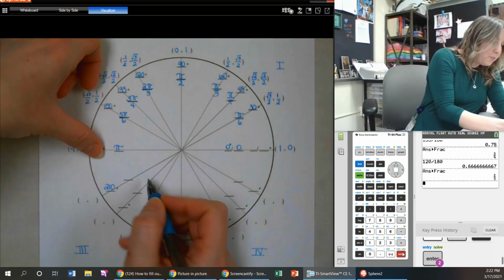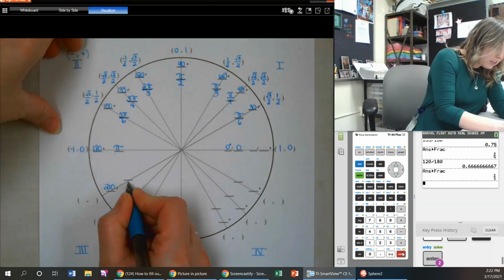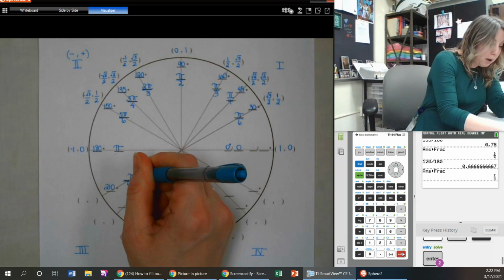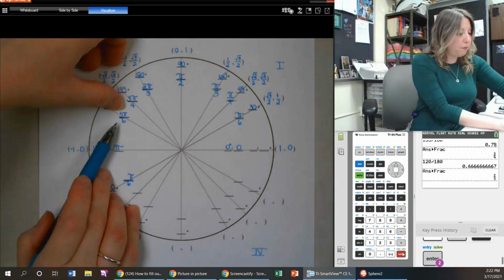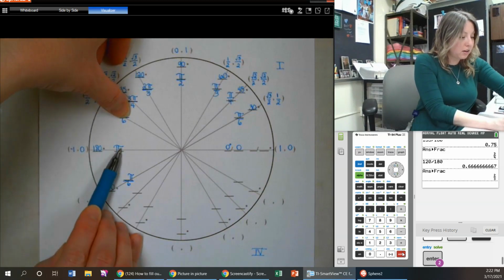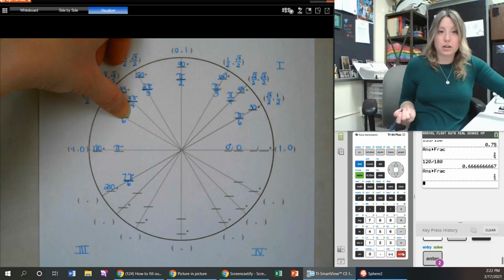Okay, so we know that this, because it's a 30-degree reference angle, has to have a 6 in its denominator. So something 6 pi. Well, 5 pi over 6 was what we had right here at 150. Then this is 6 pi over 6. So this must be 7 pi over 6.